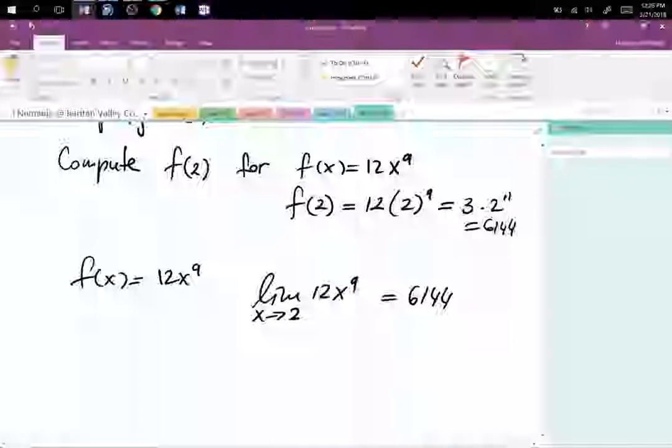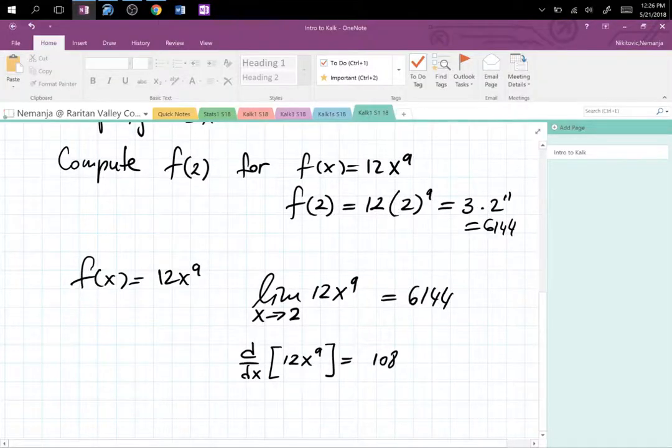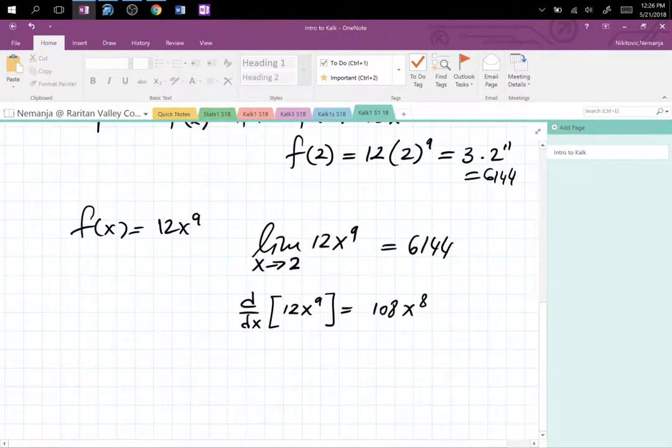We can also take the derivative, which will be denoted like this, of 12x to the 9, and get 9 times 12, so 108 x to the 8. Or we can do the integral. And all of these have their representations of what they mean.